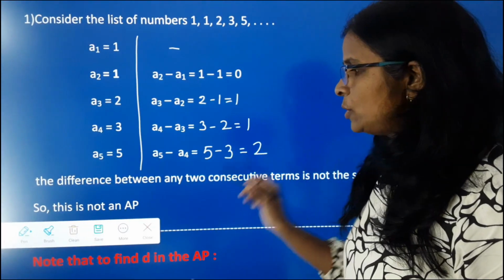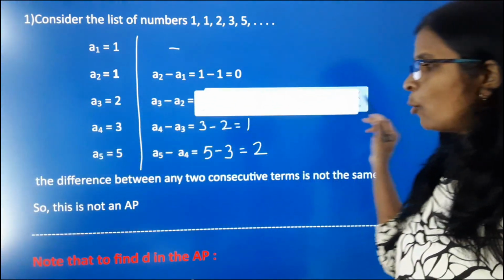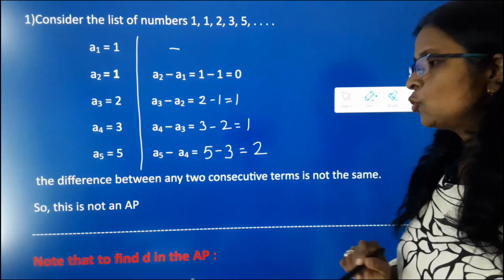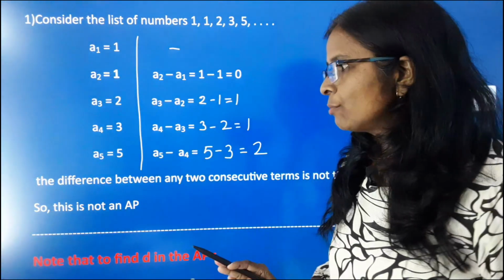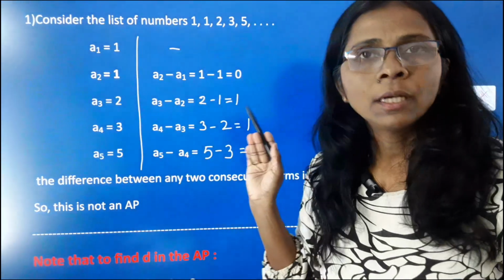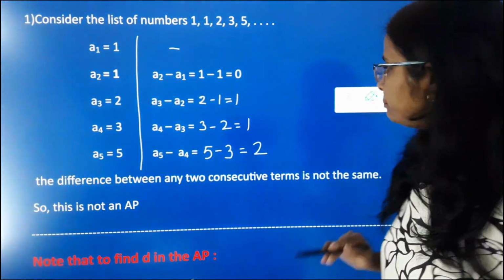So now observe carefully that the difference between any two consecutive terms is not the same, and that's why this list of numbers is not in AP. Okay.